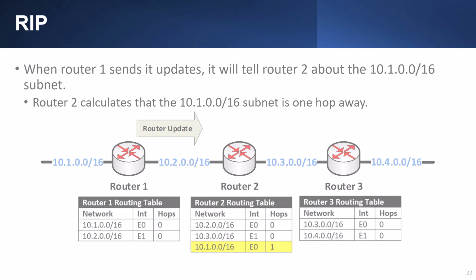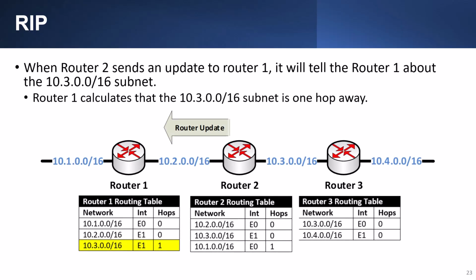When router 2 sends an update to router 1, it will tell router 1 about the 10.3.0.0/16 subnet. Router 1 calculates that the 10.3.0.0/16 subnet is 1 hop away.